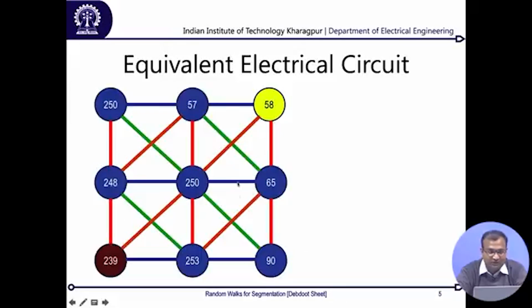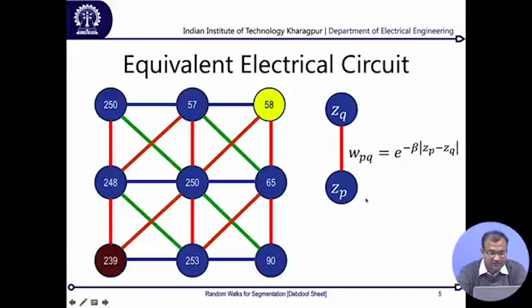Now assume that these two are nodes which have different potentials, and this is a resistive connected network, and you are asked to find the potential at any of these unknown nodes. If you are trying to solve a similar kind of problem, you would solve Kirchhoff's voltage and current laws, or an m by n port network solution, in order to find an objective, and that is where the inspiration comes from for our analytical solver as well.